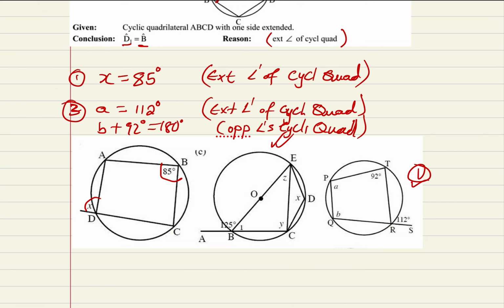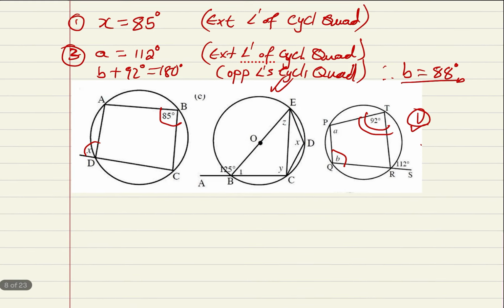Hence this means that B is equals to, you are going to punch on a calculator, 180 degrees minus 92 degrees. Okay, you'll have B being 88 degrees. That is what we are having for number C.